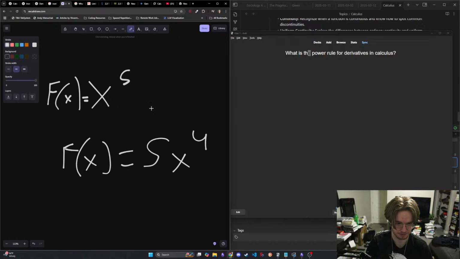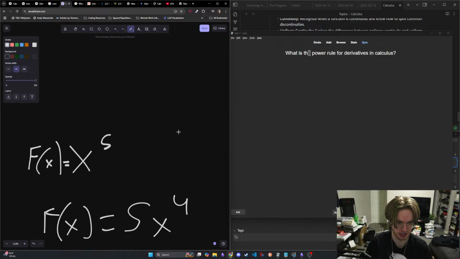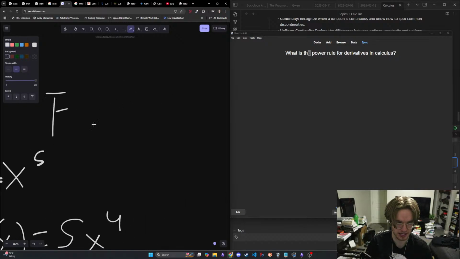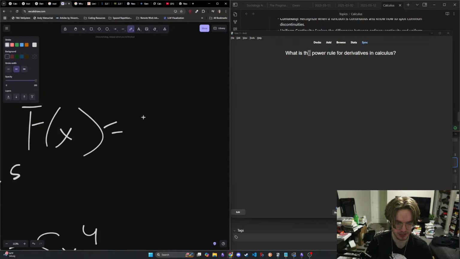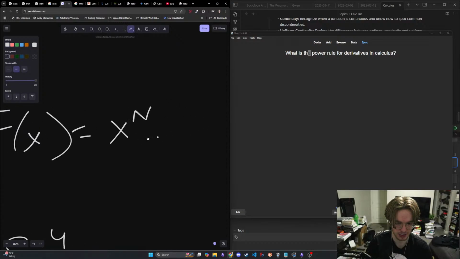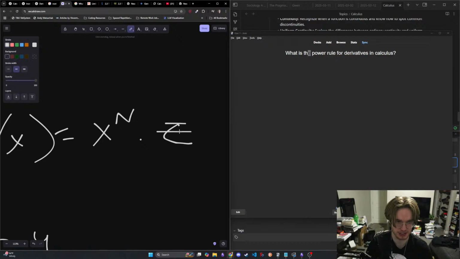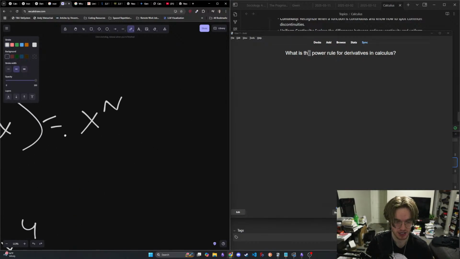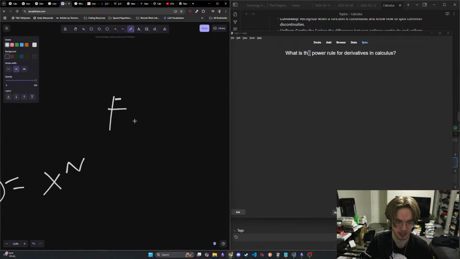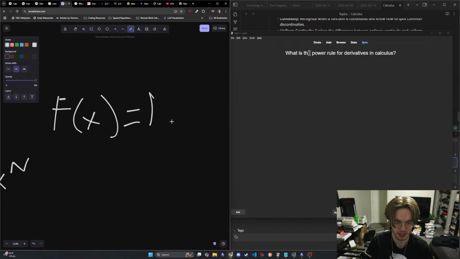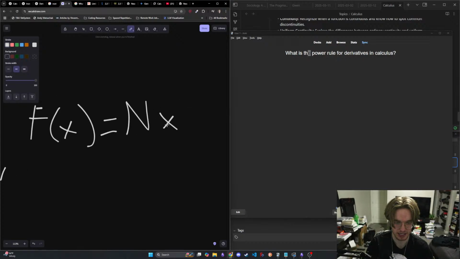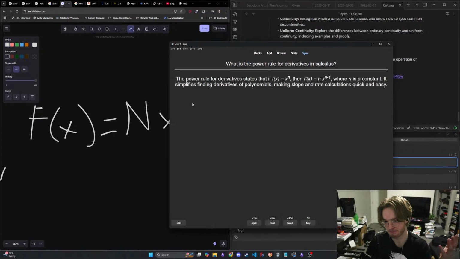Because f of x equals x to the n, the derivative of this can be found by doing f prime of x equals n times x to the n minus 1. Okay, so that's correct.